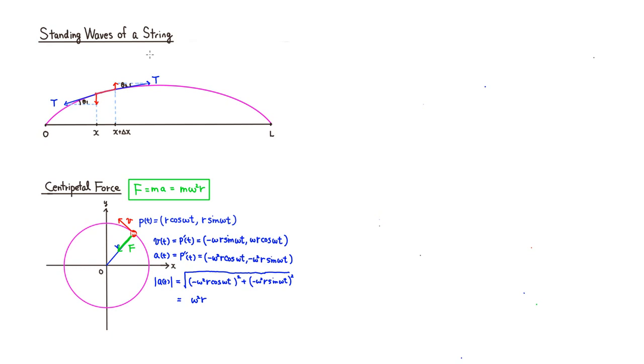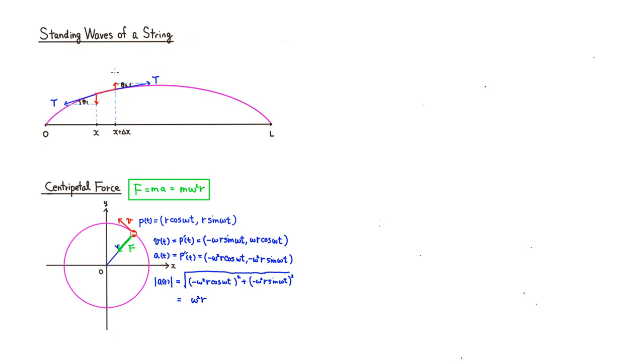And we're going to look at only the vertical component of that force. The vertical component of, say, the right end: I'm going to give an angle here. The angle here is going to be theta 2, and the angle here is going to be theta 1.